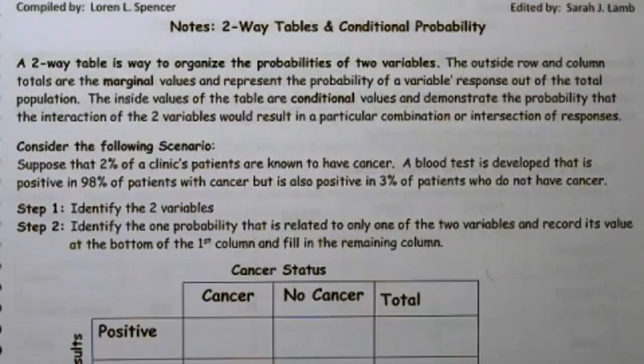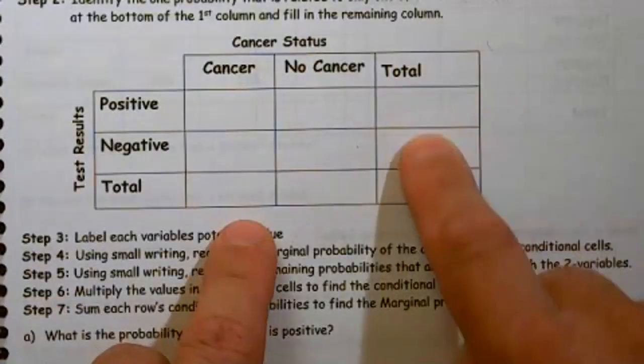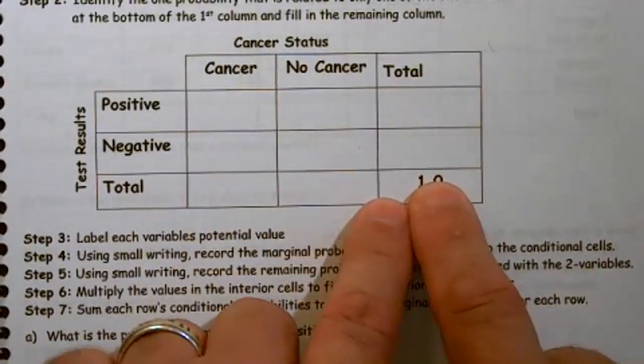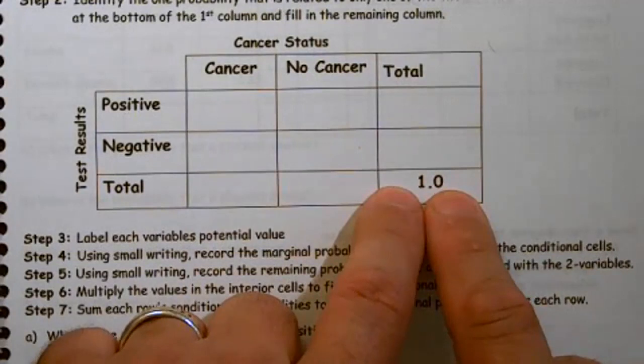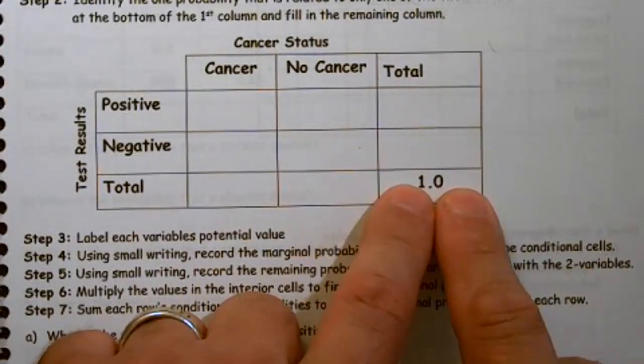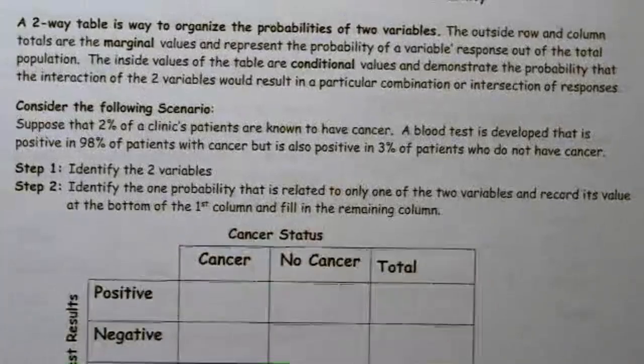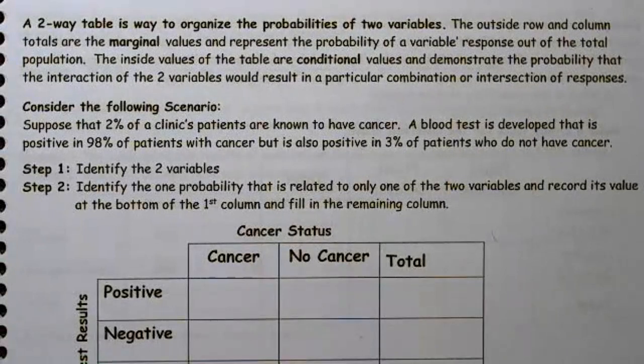All right, so the outside row and column totals are the marginal values, and we talked about that before. So this would be a marginal value, this would be the marginal value. This right here is always going to be the sample size, or in this case, since we're working with percents, 100%. Okay, and basically when you're working with two variables, I'm thinking a two-way table is probably your most powerful tool, and it's a great ally.